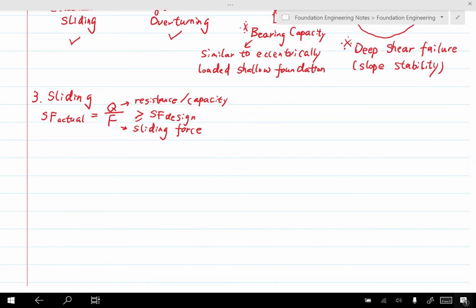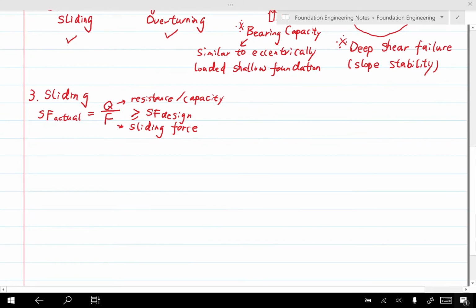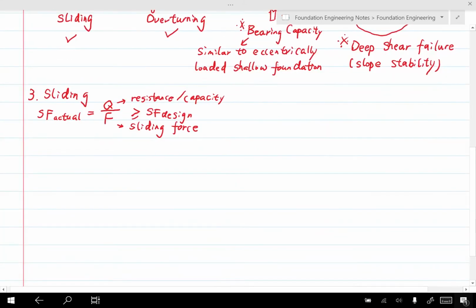And we will see that for different types of retaining walls, we will have slightly different equations for calculating the actual safety factor. So we will be introducing the equations that we will need for analyzing the sliding resistance of gravity wall and the cantilever wall side by side.